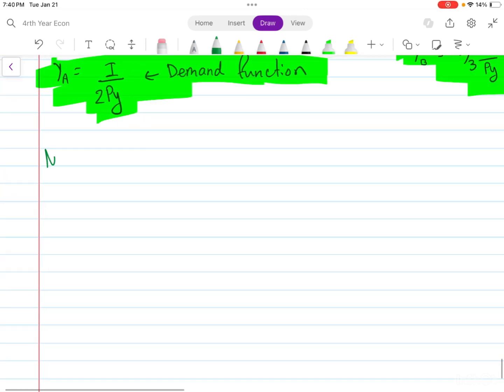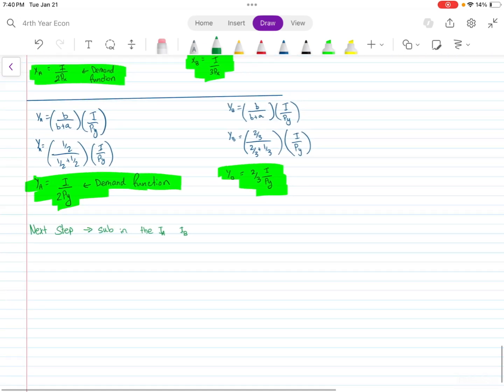The next step that we want to do is to sub in the budget constraint for both Alex and Billy into each of the demand functions that we've calculated, which are XA, XB, YA, and YB.